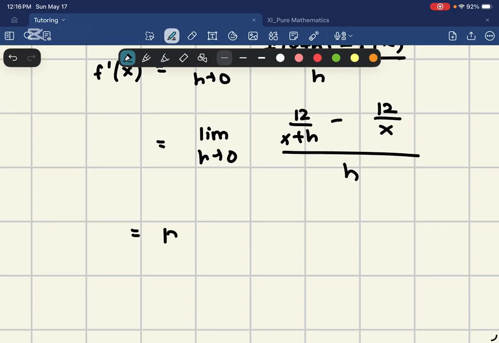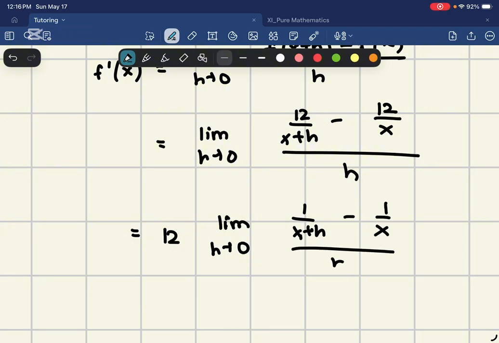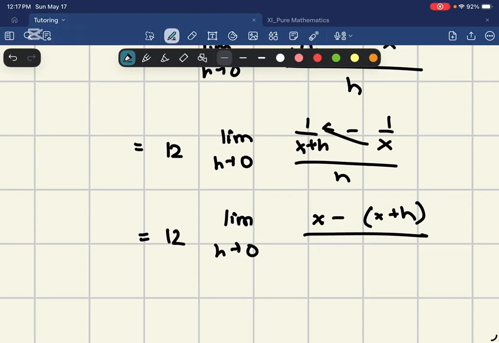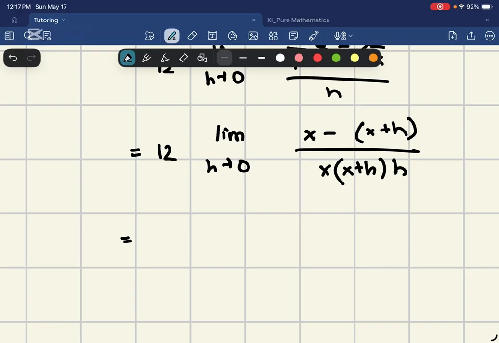Now I can factor out the 12 from the numerator. Alright. And now I can write this as x minus x plus h using the butterfly method, right? Multiply, and then I multiply together the denominator. I think I discussed this. And then I have h in the denominator as well. So when you simplify, you get this expression.